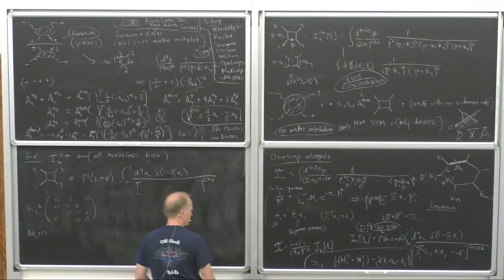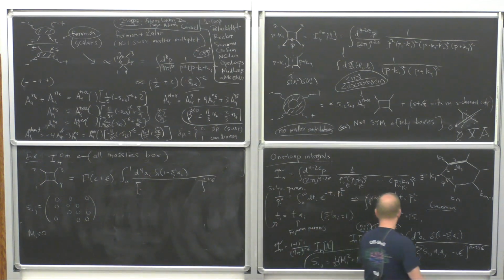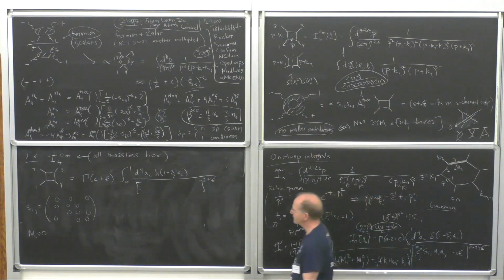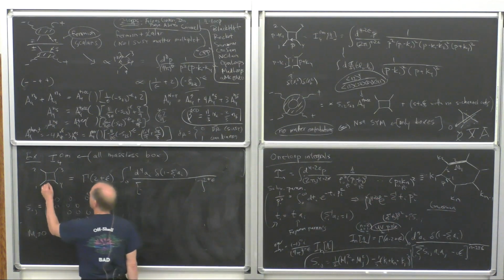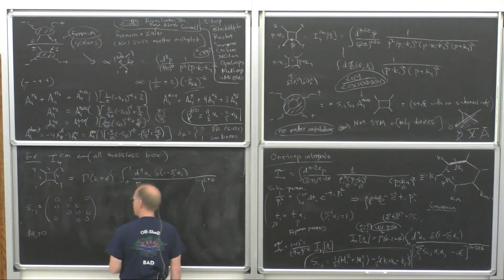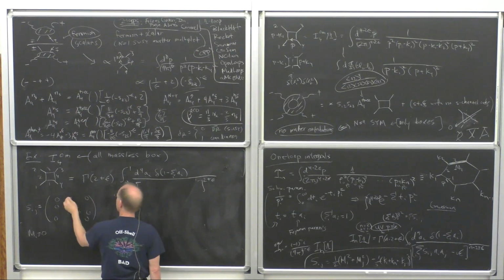So the only non-zero guys that we get are when j is i plus 2. So if you have 1, 3, you end up getting the minus a half times s12.